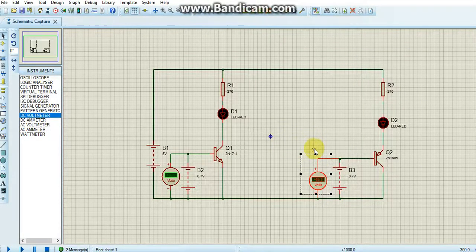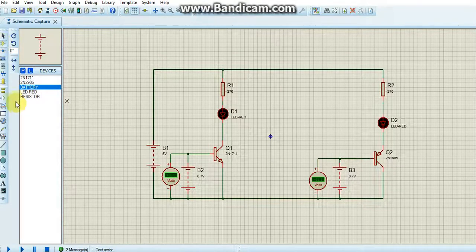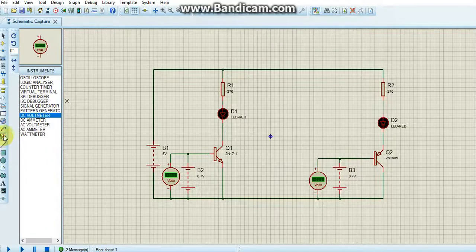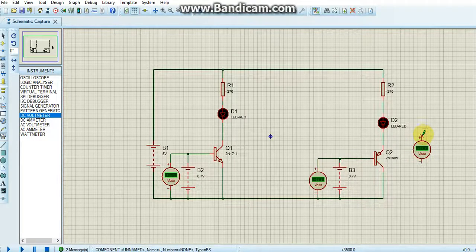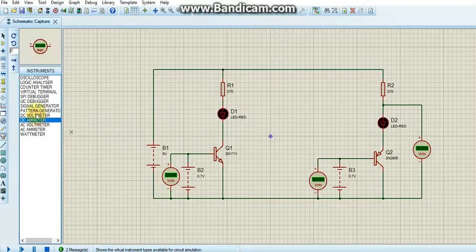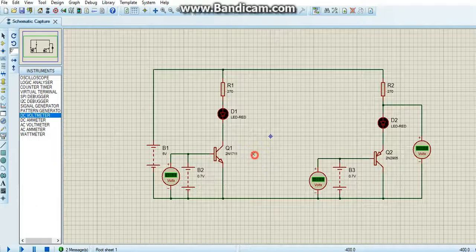For some reason I can't copy the voltmeter now. Let's do it again. Yeah, it's working now. Let's see the voltage. Let's do the simulation again.